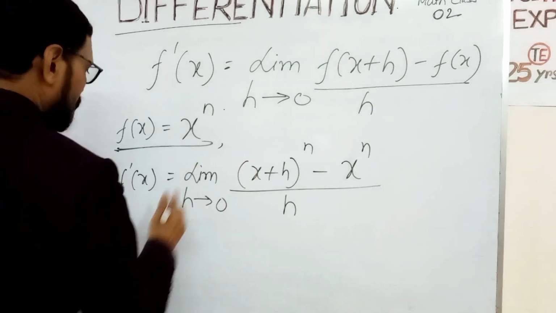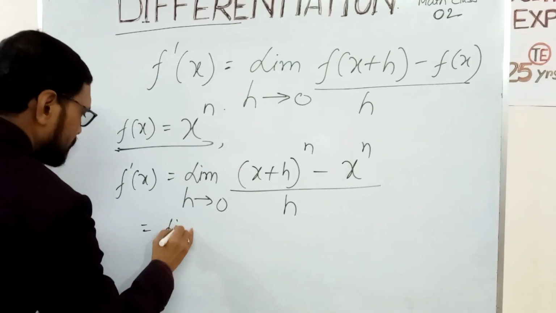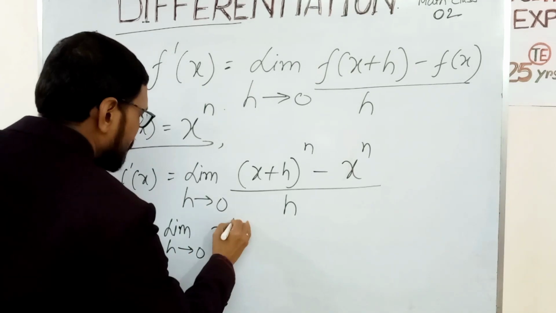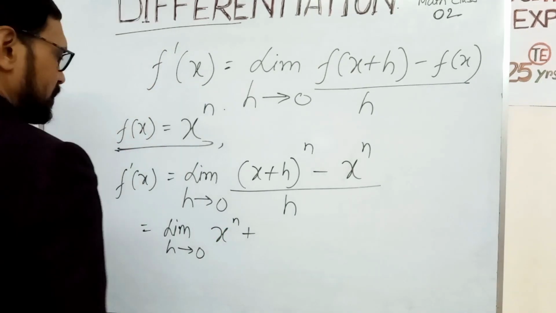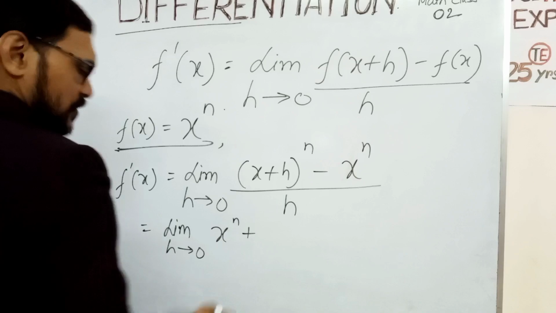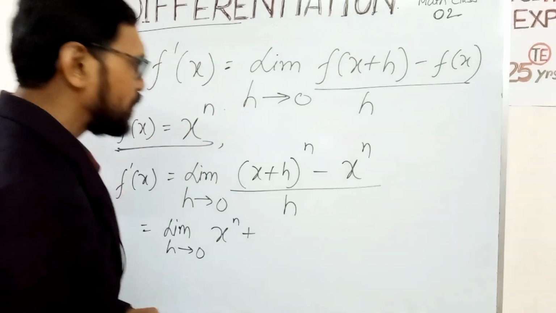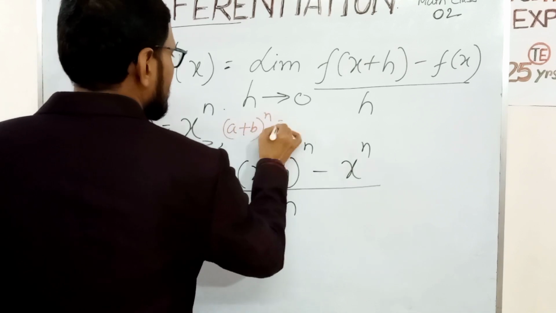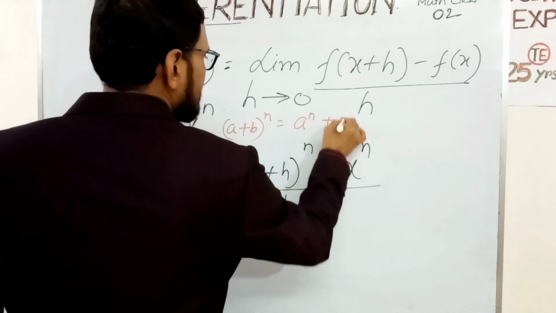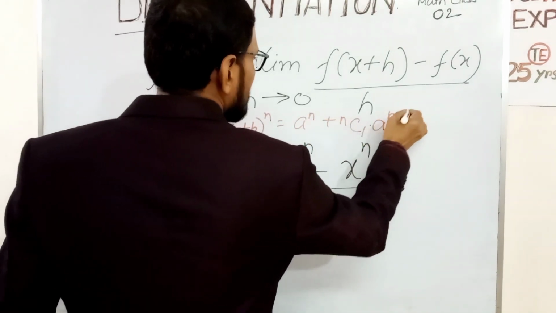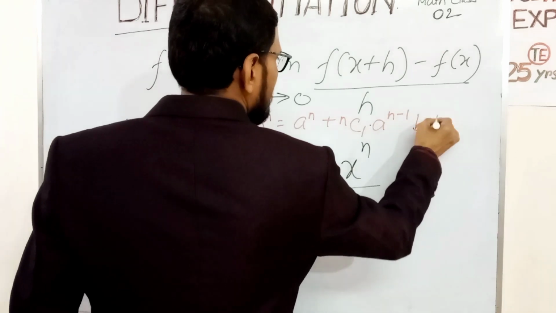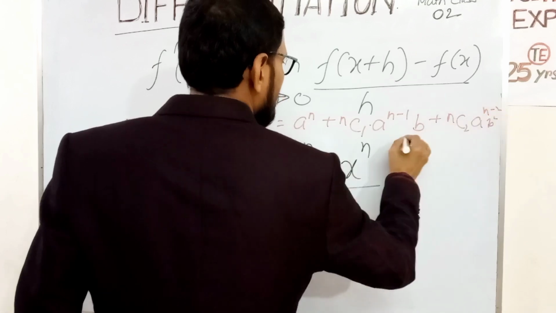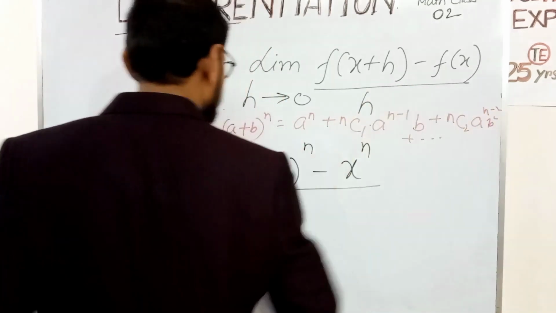Now from the binomial theorem, we use the formula a plus b whole to the power n equals a to the power n plus nC1 a to the power n minus 1 b plus nC2 a to the power n minus 2 b square plus dot dot dot, and so on.